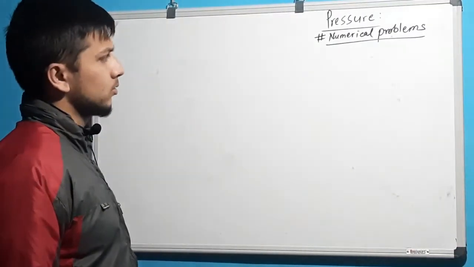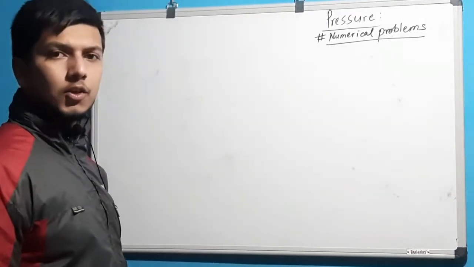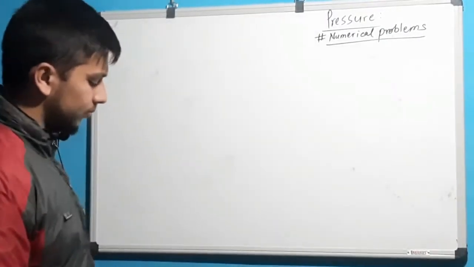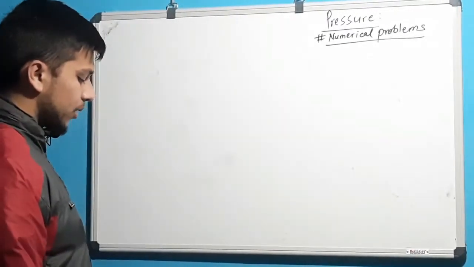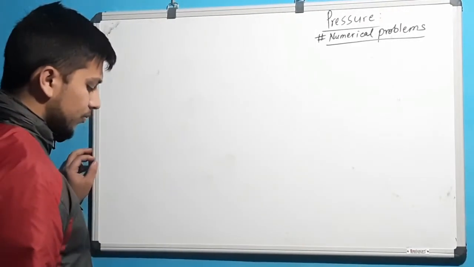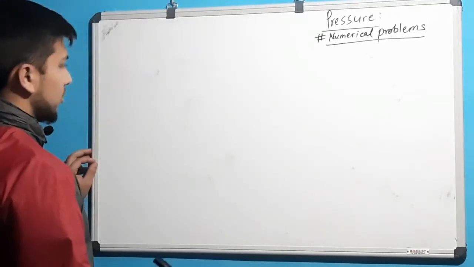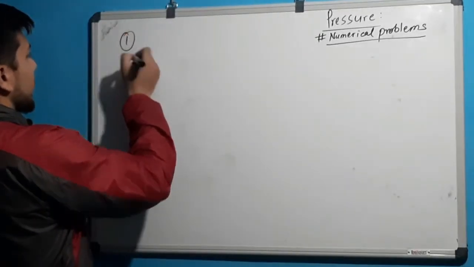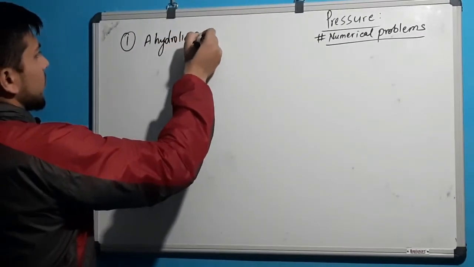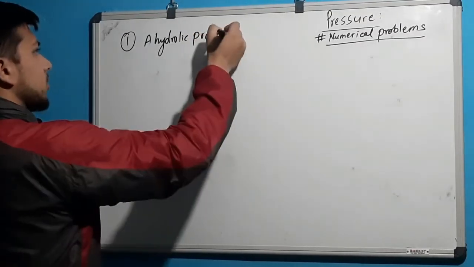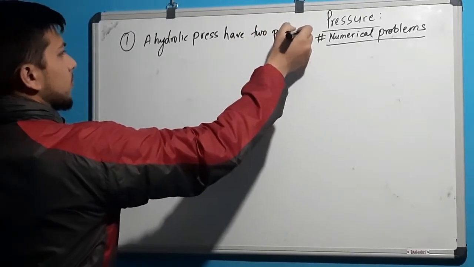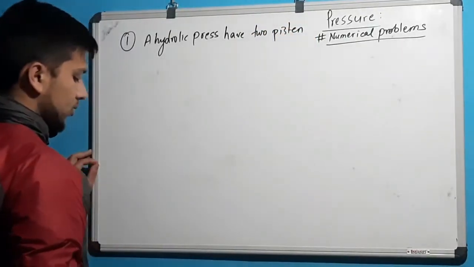Today we are going to solve some numerical problems related to pressure. The first question: a hydraulic press has two pistons.